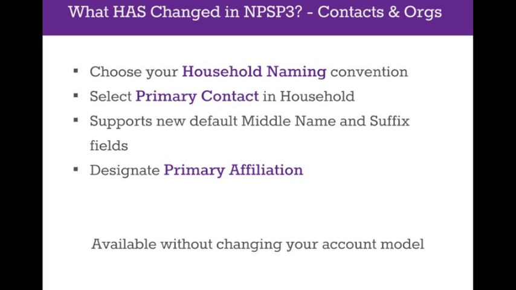So if you know that a particular person is your main contact, or the main relationship that you have for that organization, again, you can designate that that's primary. And all of those features are available even if you stick with the account model that you currently have. So if you're using the individual bucket model, or the one-to-one account model, you can still use all of these Nonprofit Starter Pack 3 features.